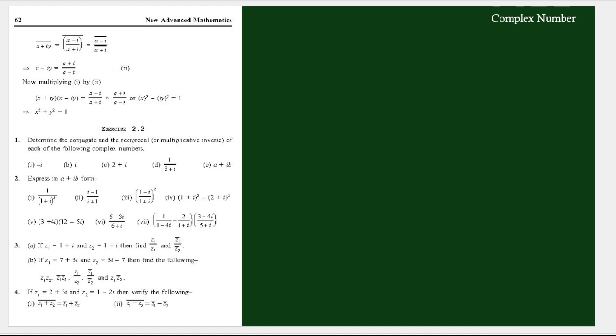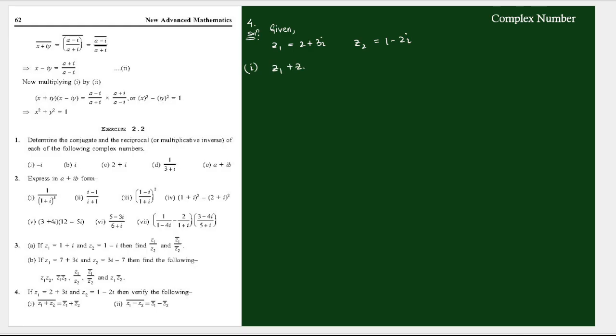Okay, what is given? Z1 is how much? 2 plus 3i, then Z2 is how much? 1 minus 2i. Then we need to verify number 1.